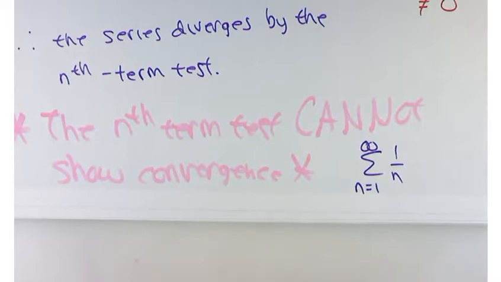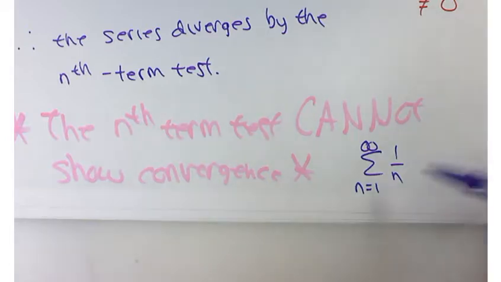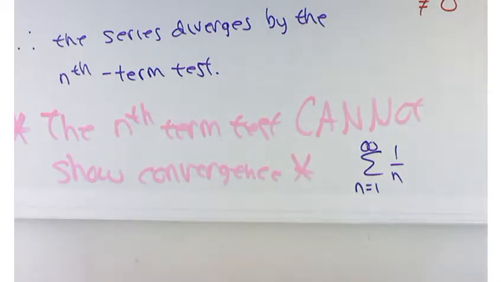Now think about what it means to diverge. Diverge means that total is going to get arbitrarily large. It means you can name any total that you want, and it's going to get bigger than that total. And yet, after a billion terms, it's only going to get up to 14. Somehow or another, if you keep on adding more and more terms, you'll get as high as you want.